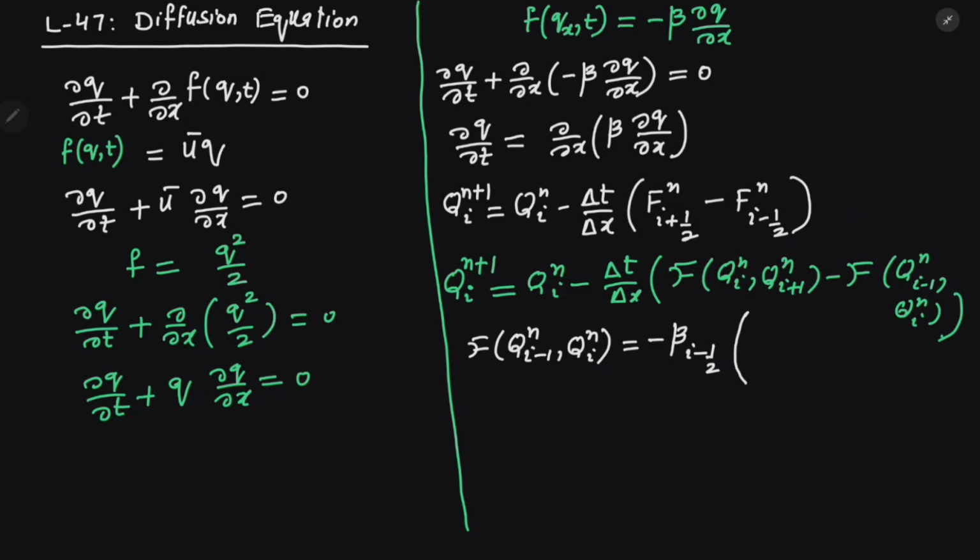And since this q is approximated with q n, depending on where we are, and there is a gradient as well, we can approximate this with q n i minus q n i minus 1 divided by delta x.